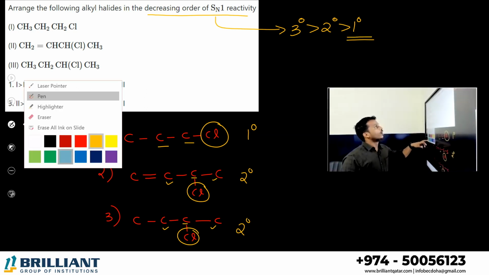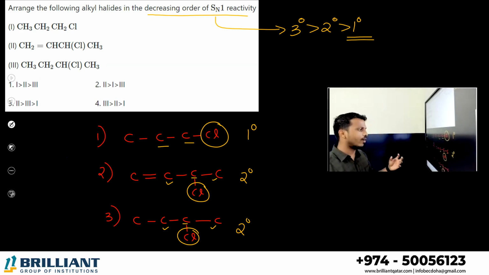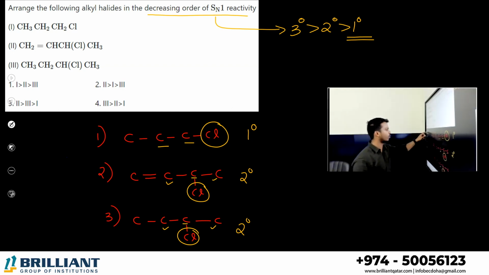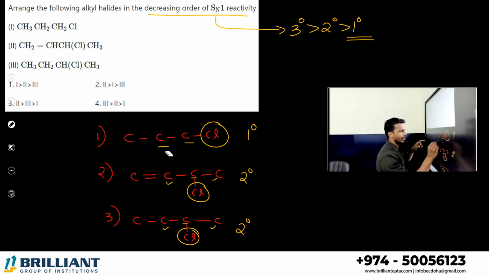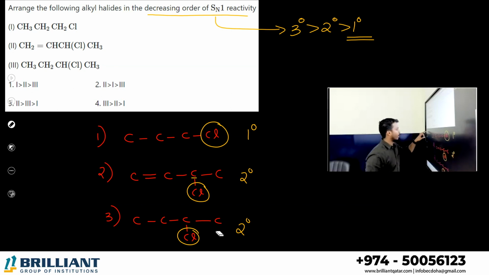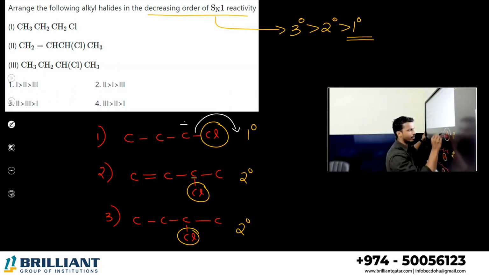Among the second one and third one, which one can undergo the reaction faster? You know, the SN1 reaction mainly depends on the stability of the carbocation. Yes or no? Stability of carbocation. So let me remove the chlorine. In the first case, I remove this chlorine and I get this carbocation.